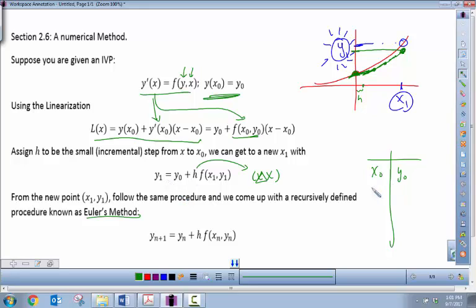And then you're going to get y1 from here after that first step. And then you're going to get y2 by taking a look at the previous points.